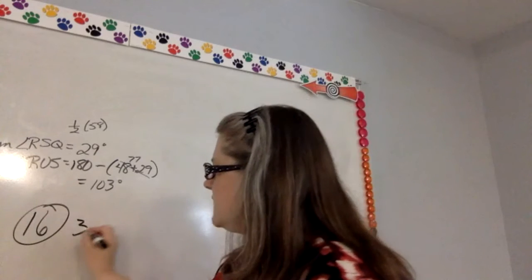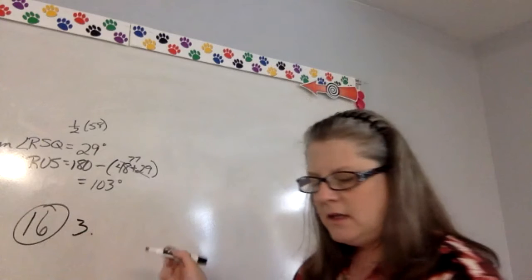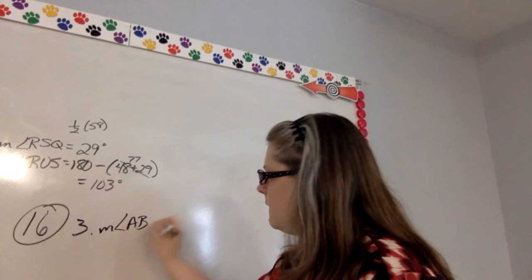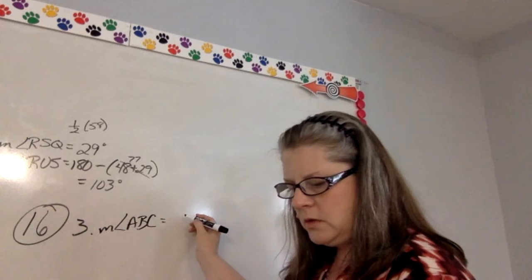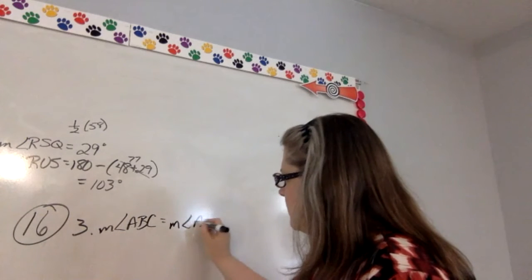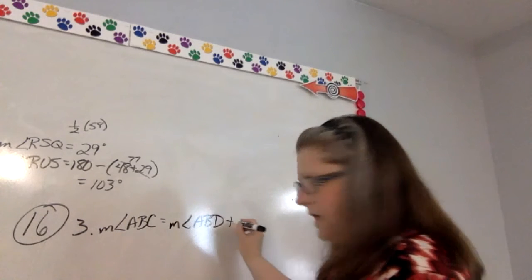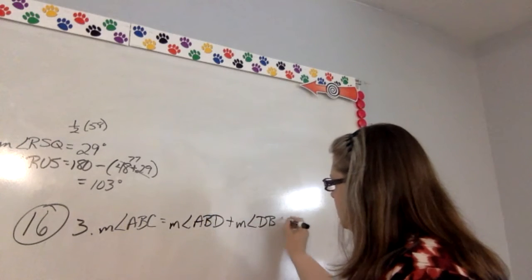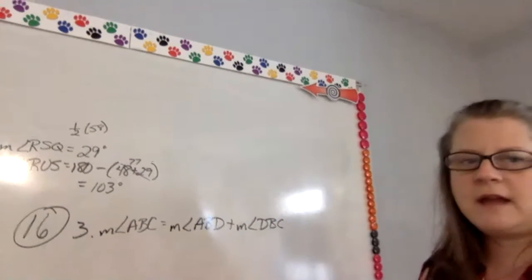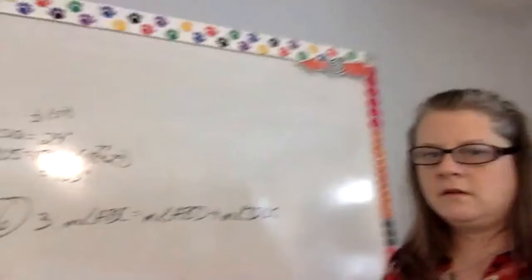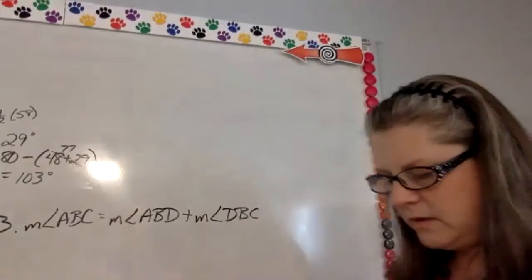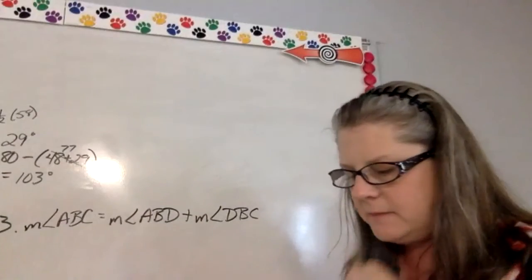For number 3 statement, you're going to put measure of angle ABC is equal to measure of angle ABD, and I'll move the camera over in a minute, plus measure of angle DBC. You show that they're added together. That's your first one because it said it's by angle addition.